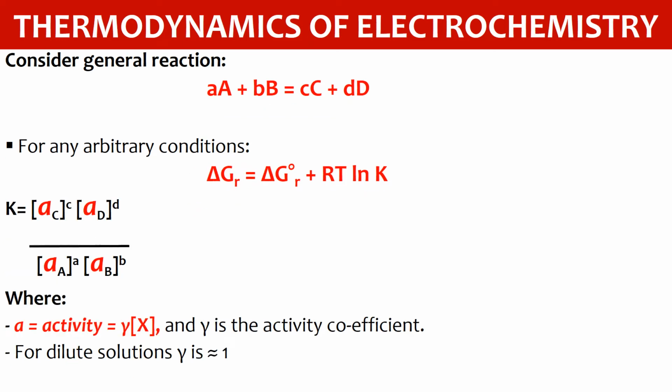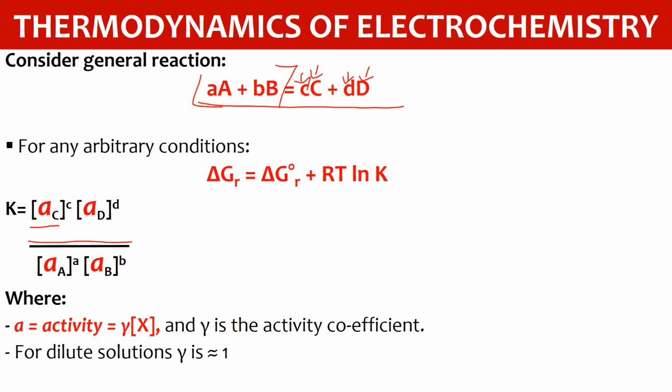If we are talking about this reaction here, your reaction quotient will be the activity of product C to the power small c, times the activity of product D to the power small d, over the product of the activities of your reactants.